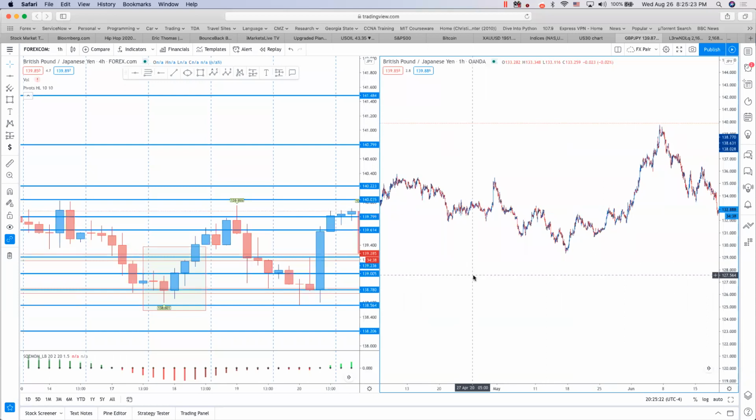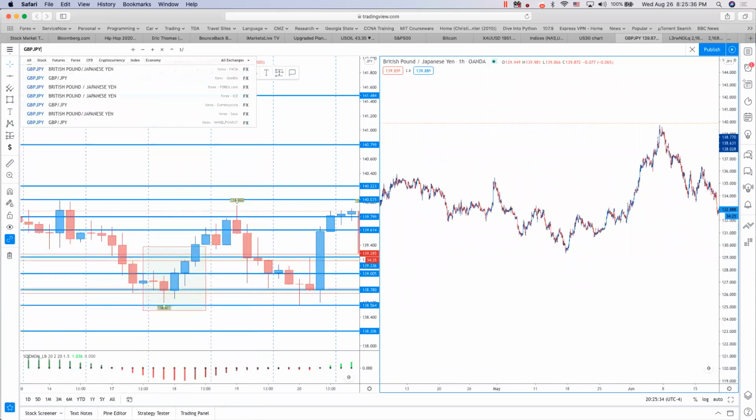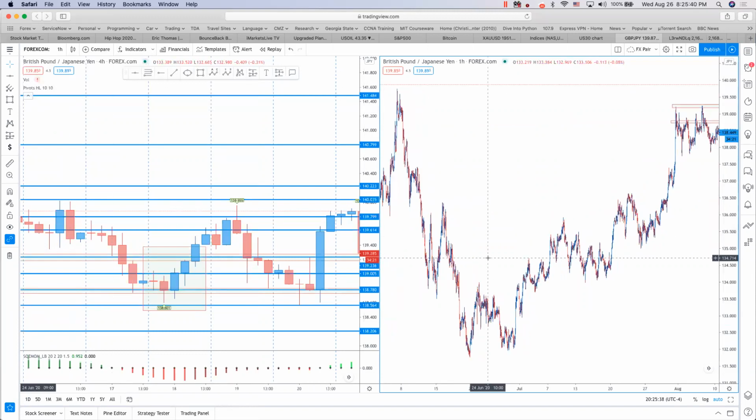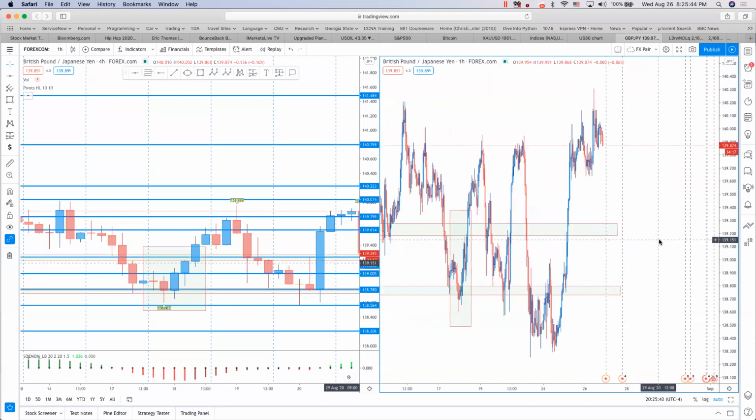Oh, this is Oanda, that's why. This one's showing as Oanda. EUR JPY, Forex.com, right? Yep, right here.